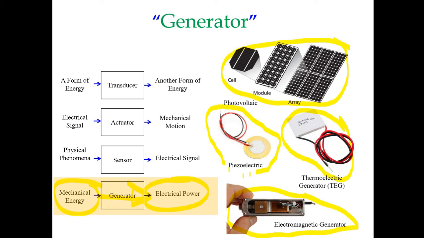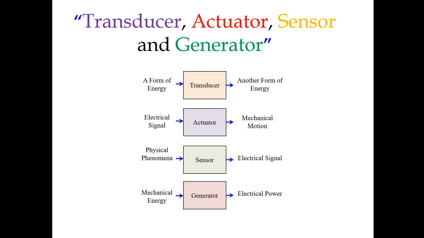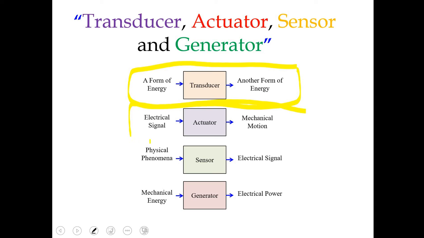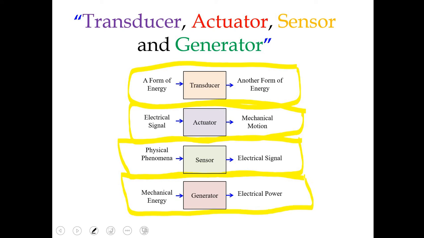With this I believe we have concluded and highlighted all four terms, which are transducer, actuator, sensor, and generator, and defined the functionality of each one of them. We have seen that they are just converters from one form of energy into another, but some of them are used for a specific type of energy.